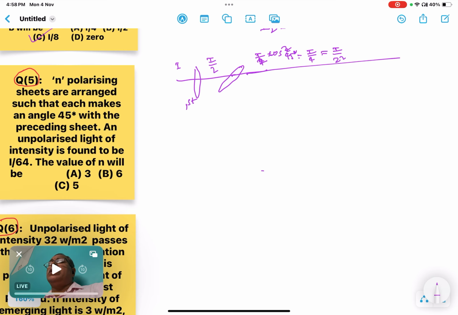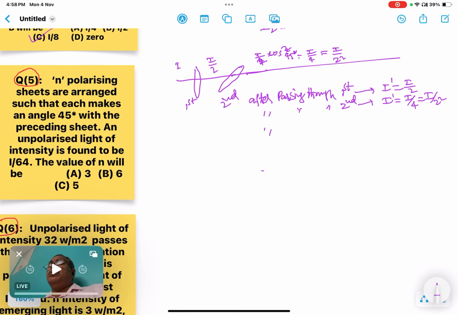Now, if you use a third polarized sheet, I'm writing steps here. After passing through the first Polaroid sheet, I dash equals I by 2. After passing through the second polarized sheet, I dash becomes I by 4, that equals I by 2 square.